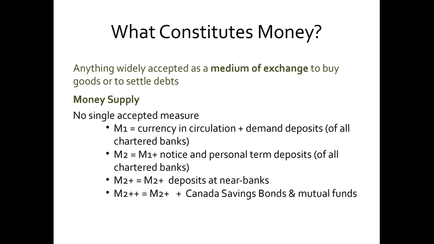Why did I say currency in circulation? Because remember that I included the $100 bill that is in my wallet, but I have not added the $100 bill that is lying in the vaults of the chartered banks. When I deposit $100 in my bank, let's say CIBC or any bank, then the bank has a $100 bill. We're not going to include that currency in the supply of money, because that $100 is already reflected in my checking account.